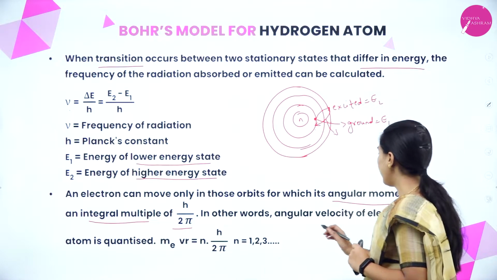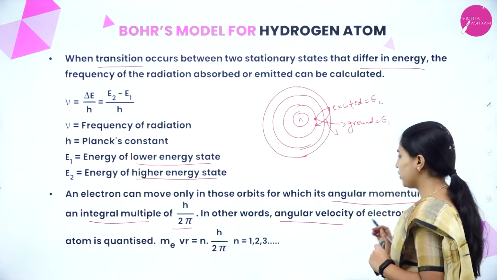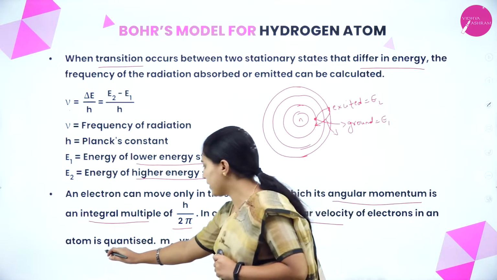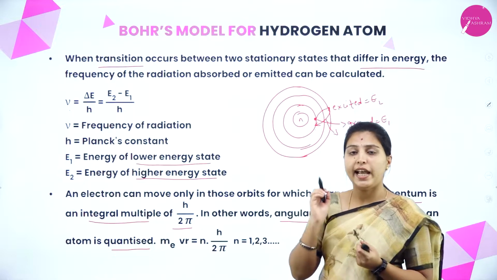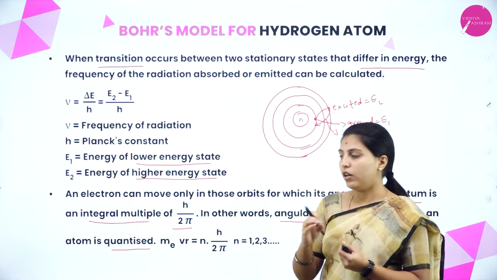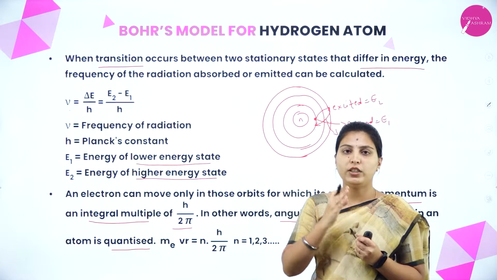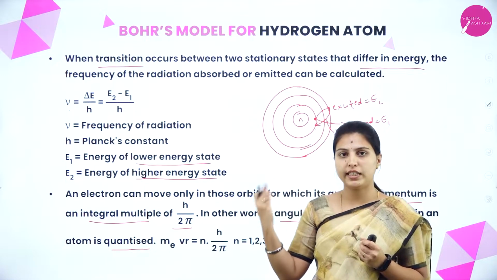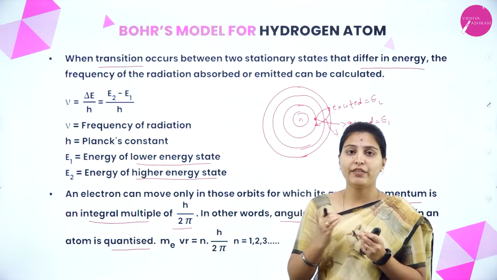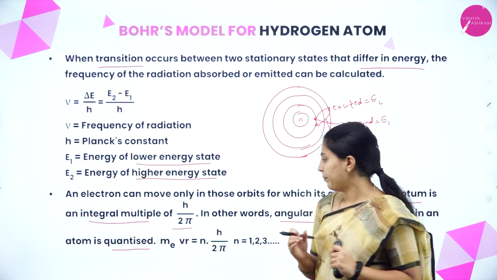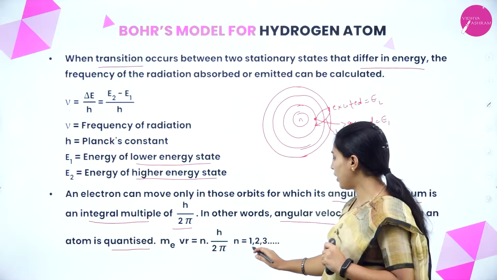In other words, angular momentum of an electron in an atom is quantized. What do you mean by quantized? The value will be 1, 2, or 3 like that. In between 1 and 2, in a fraction, it cannot be there. So, see here n equals 1, 2, 3.